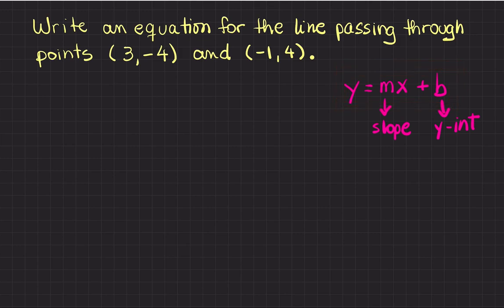So that means we need to find the slope of this line and the y-intercept for this line that goes through these 2 points. First, we're going to find the slope of the line.